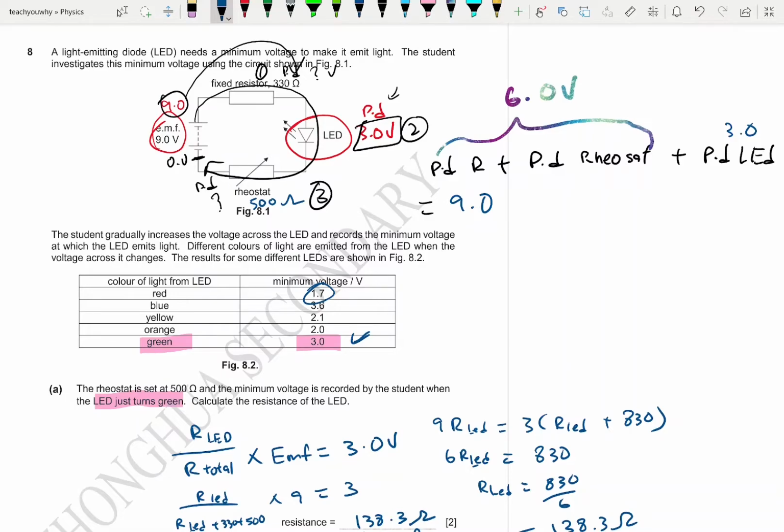When you increase the rheostat, for this video I really don't have time to deep dive into how the potential divider works. But essentially what you need to understand about a potential divider is that the resistance with the highest resistance will get the highest share of PD relative to the EMF. How we get 6 here and 3.0 here is purely based on the proportion of the resistance.